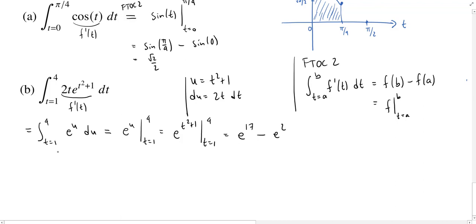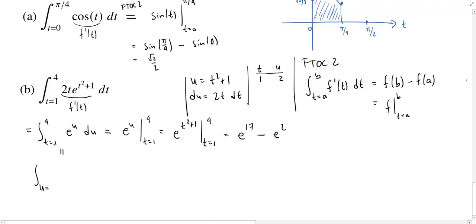The other approach is I'm going to replace my bounds with u bounds. So let's do this over here. If t is equal to 1, then what does u equal? Well, when t is equal to 1, I get 1 squared plus 1 is 2.